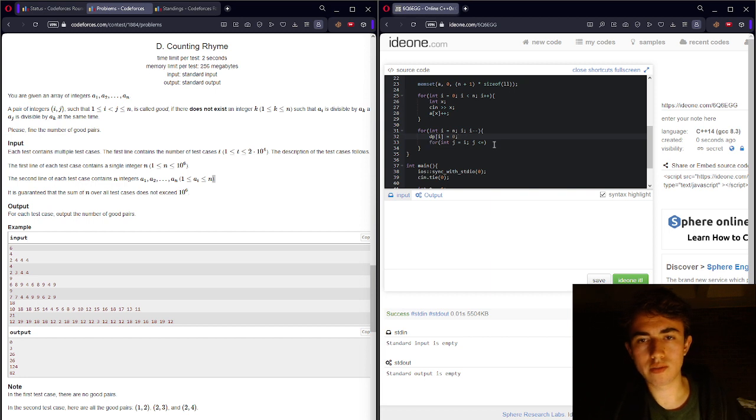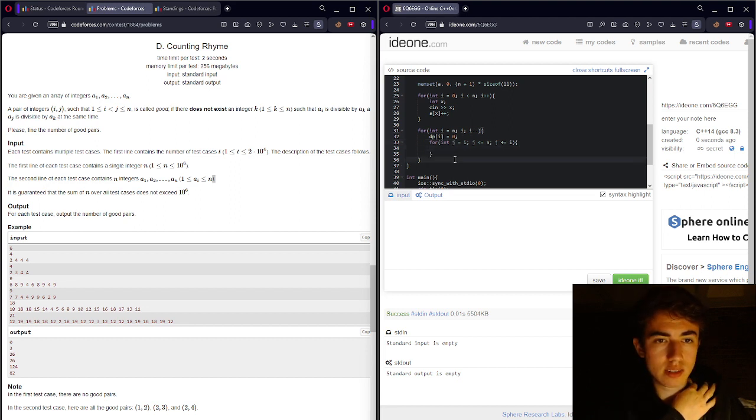Plus equals 0. Alright, now we're iterating over the multiples of i, right? Oh yeah, we only do this if a of i, and then only if a of j, and we need the x.